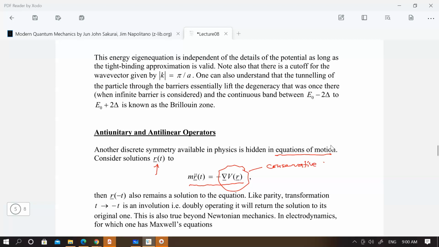So a conservative system, or conservative force for this matter, this is actually the force. And for a conservative force, it doesn't really matter. Here we are not assuming the case of things with friction, so we are neglecting non-conservative forces.